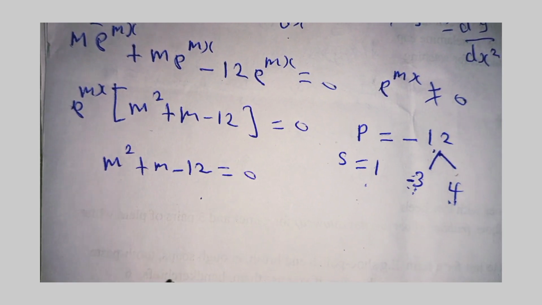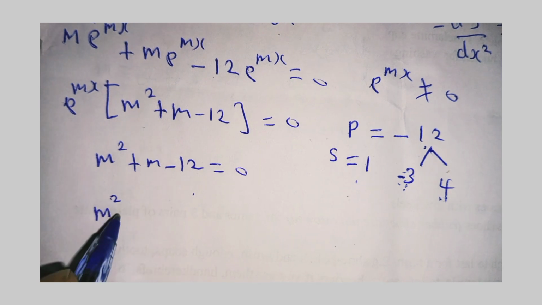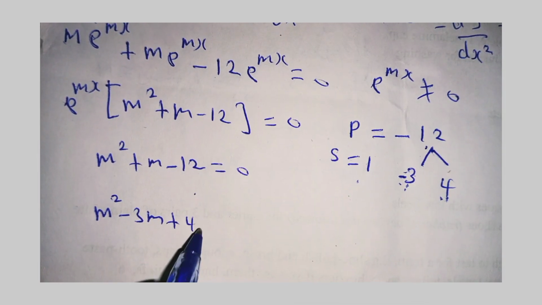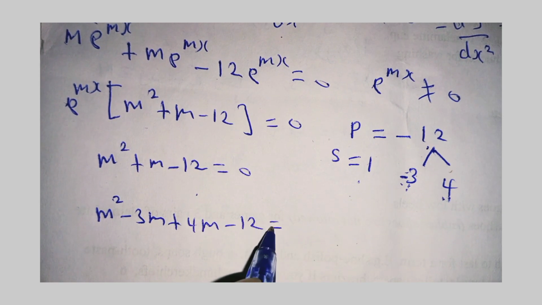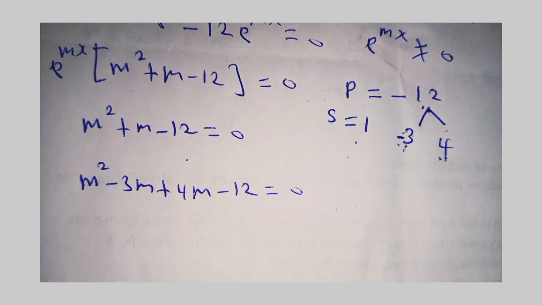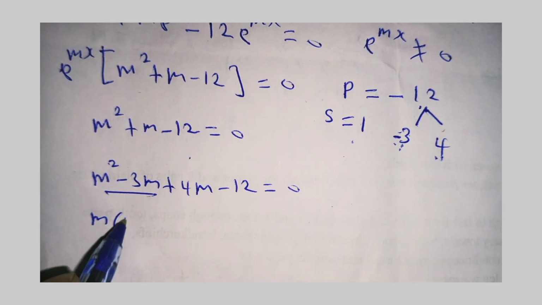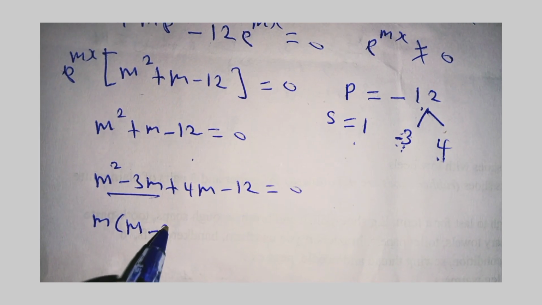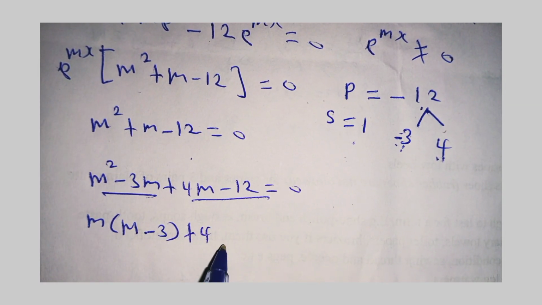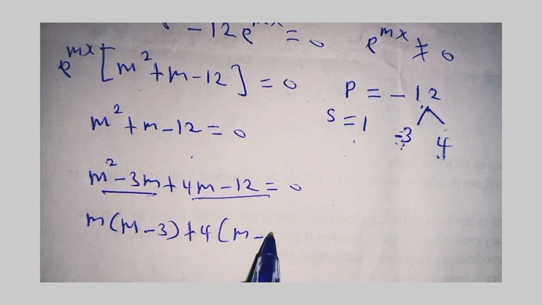So we factorize our quadratic equation, which is m squared minus 3m plus 4m minus 12 equal to 0. In the first two terms we factor m to get m minus 3, and in the last two terms we factor 4 to get 4 times m minus 3.